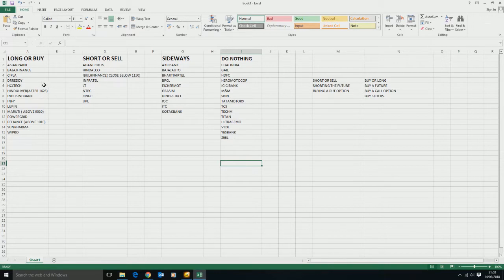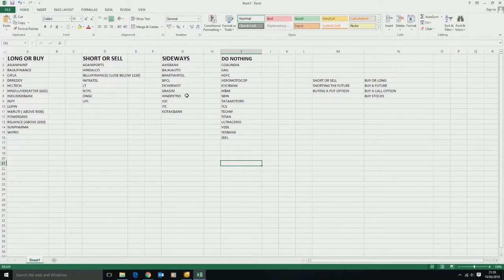So if I go with the ratio of long, short and sideways, in a nutshell we are in a balance. We are somewhere in the distribution zone or the sell zone as an overall market, right?